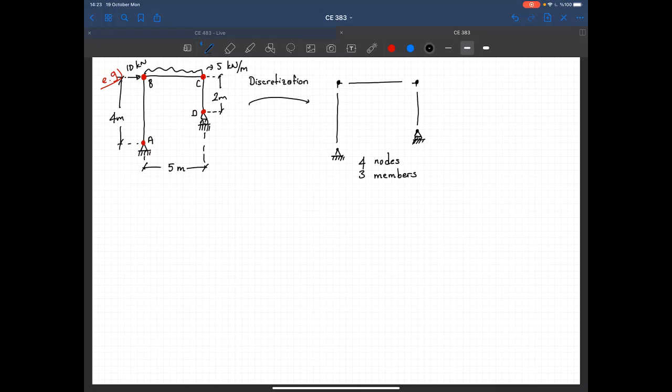Now, the next step is to go node by node and assign degrees of freedom. Here, I will not make any simplification, so I'll just say no axial rigidity.